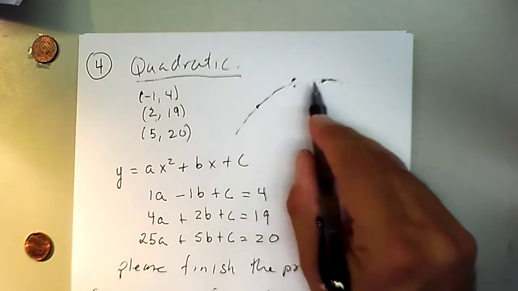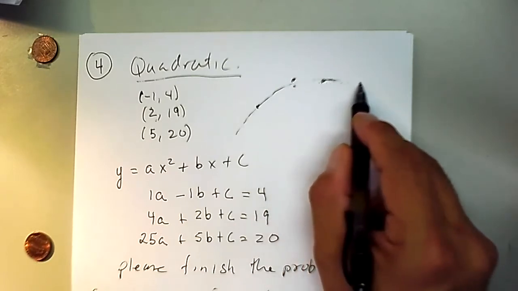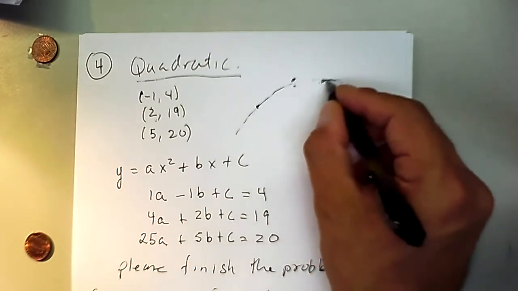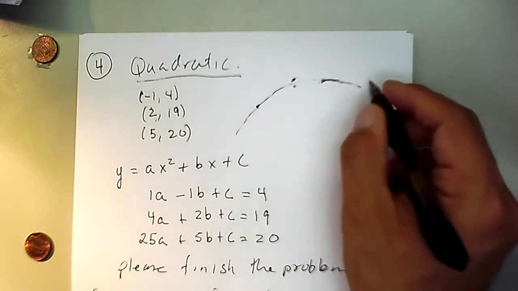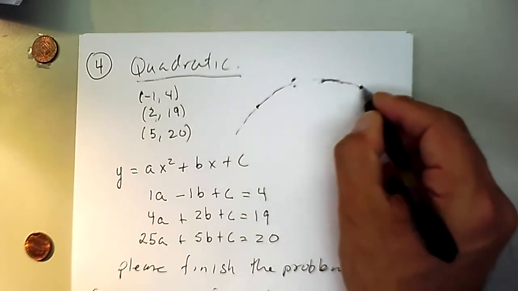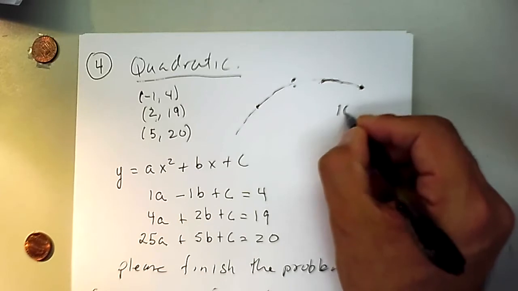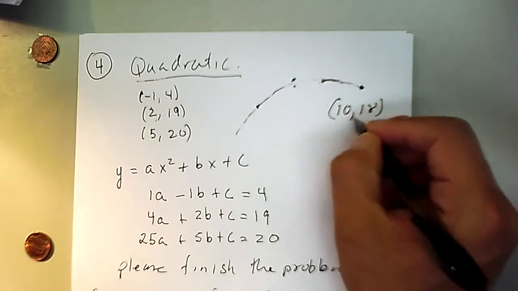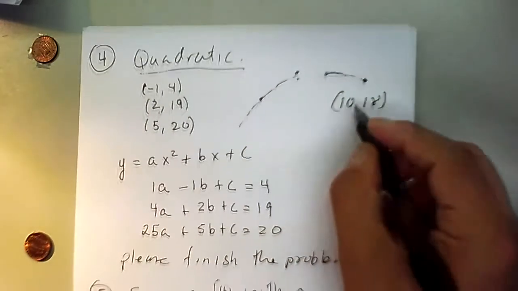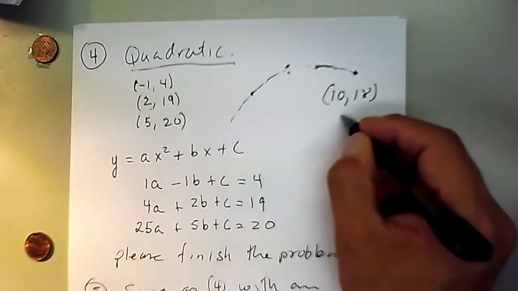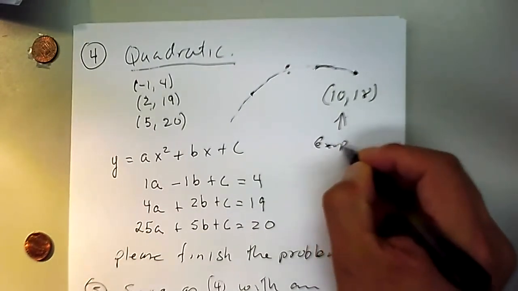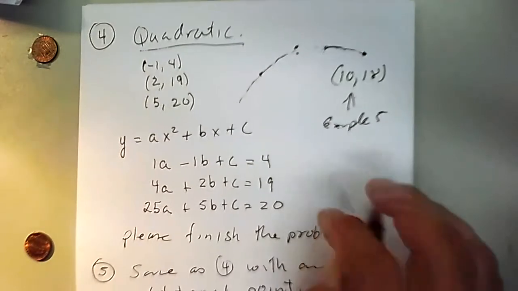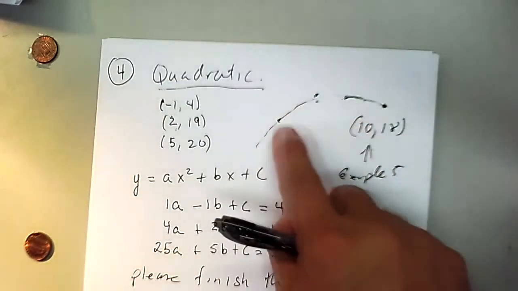So this was 520. Let's say we go to maybe 1018. So this goes down a little bit. Whoops. That corresponds to problem 5. Example 5. Yeah. So I didn't want to draw my points again.